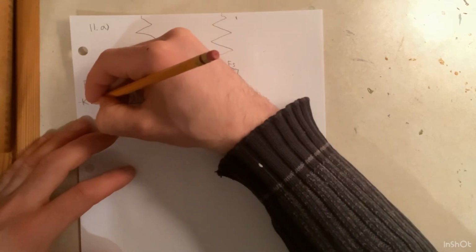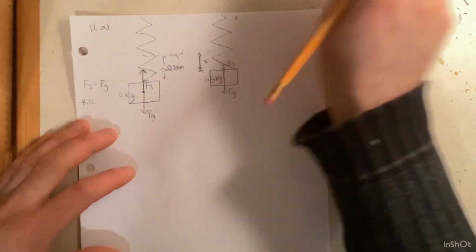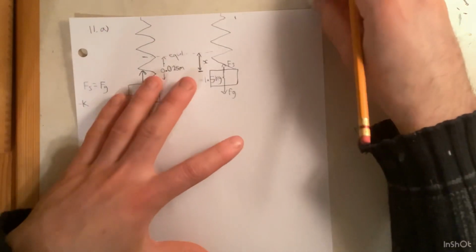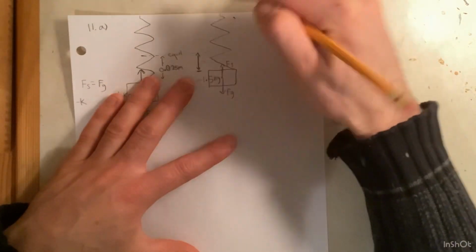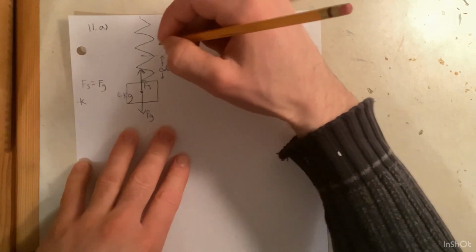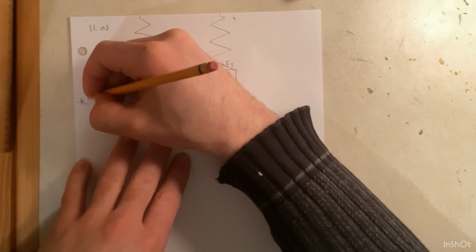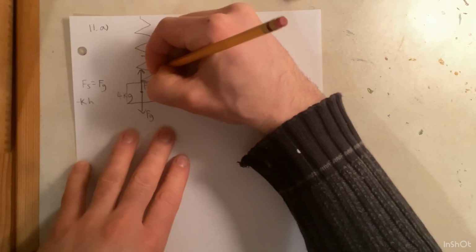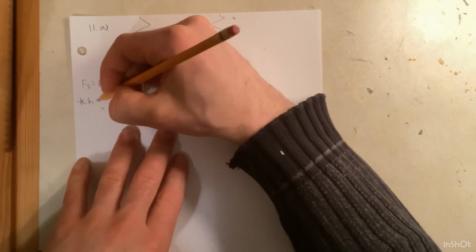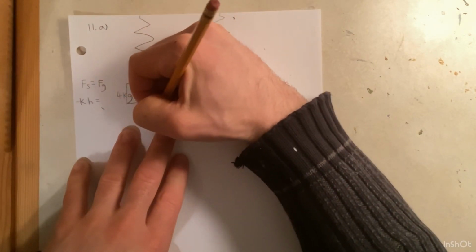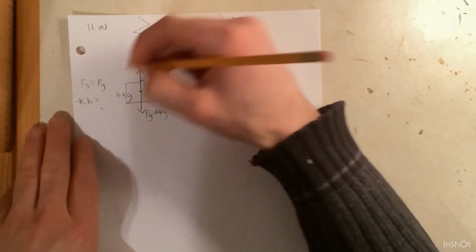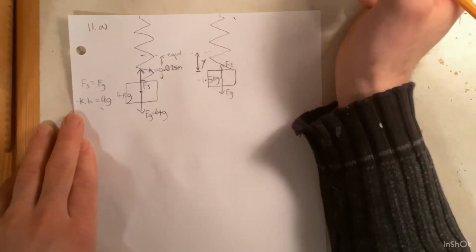And this distance, I'm going to call it h in this case, just so we don't use the same variable twice. So k h equals 4 kilograms times g.